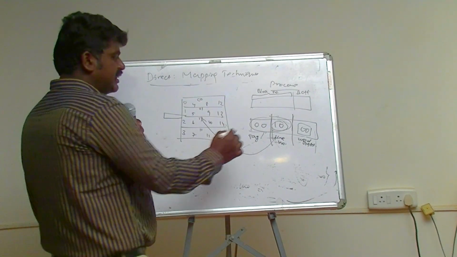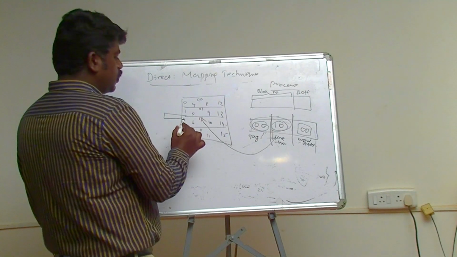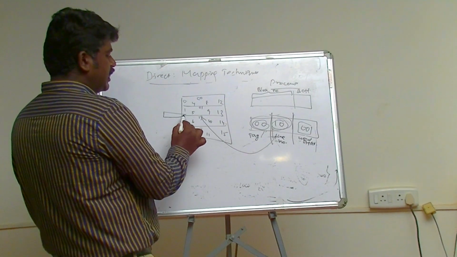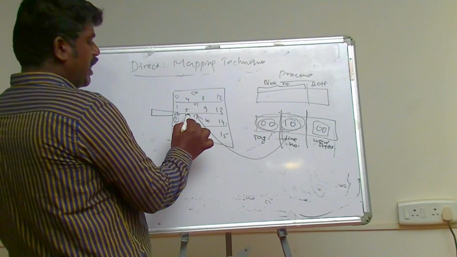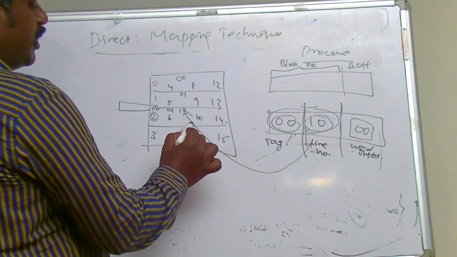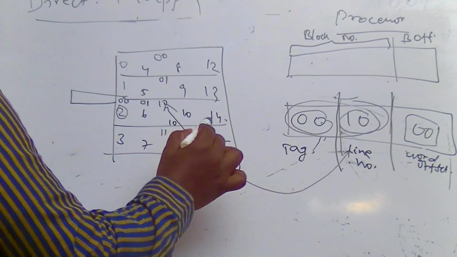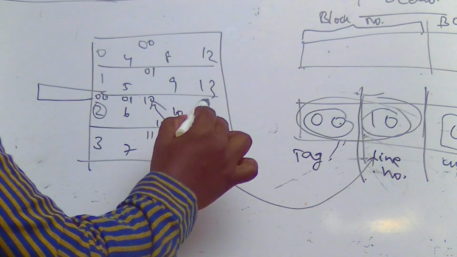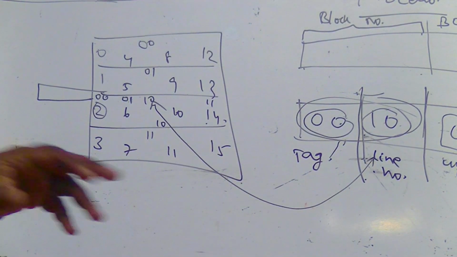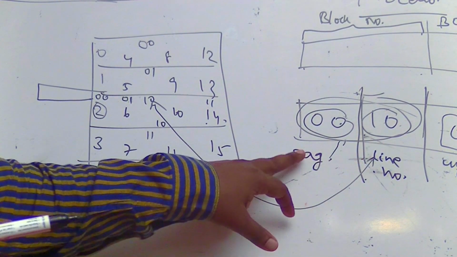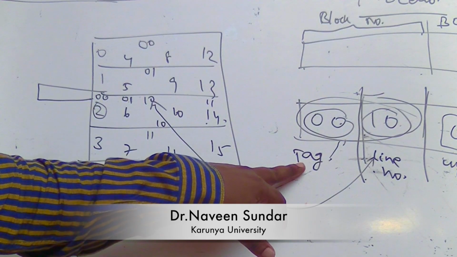So now it will consider the tags. The first one will have the tag 00, the second one the tag 01, the third one the tag 10, and the fourth one the tag 11. That is how it checks which particular tag it belongs to.